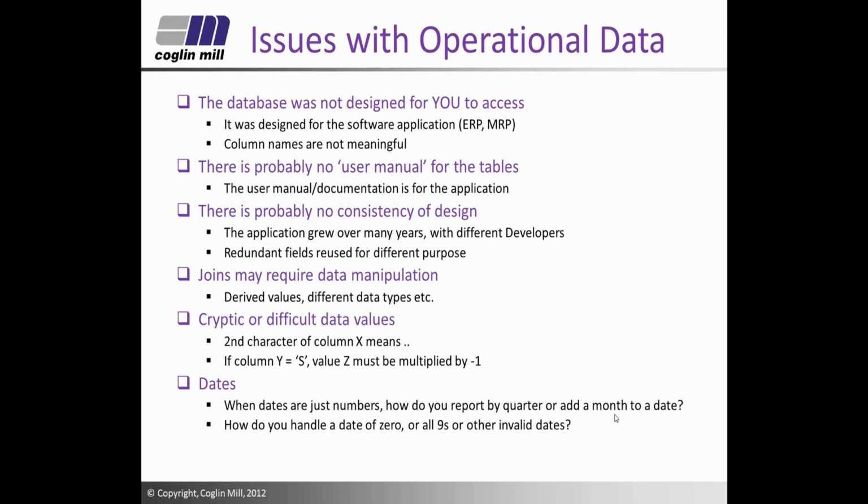How can you describe in 6 characters what this particular piece of data means? There's also probably no user manual, so as a report author, if I'm looking directly against the operational data, somehow I've got to find out where the data that I'm looking for is, what it means, and what the gotchas associated with it are.